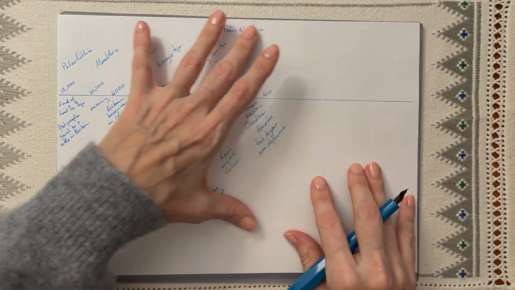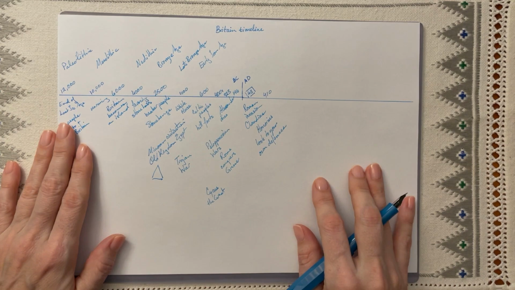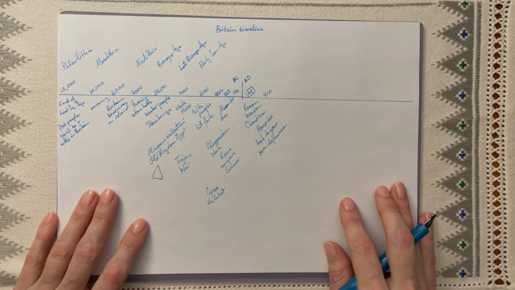And that was the end of Roman administration and rule in Britain.